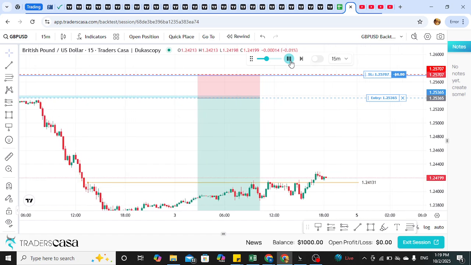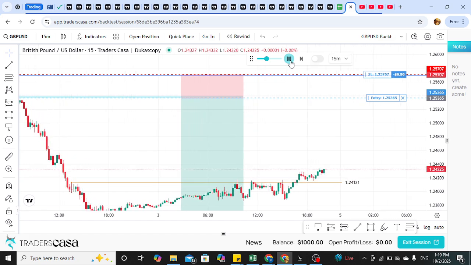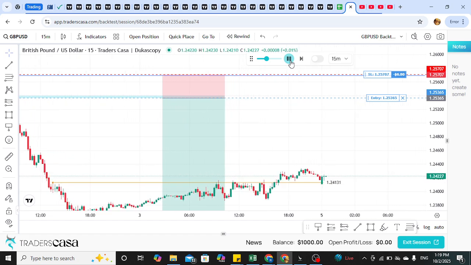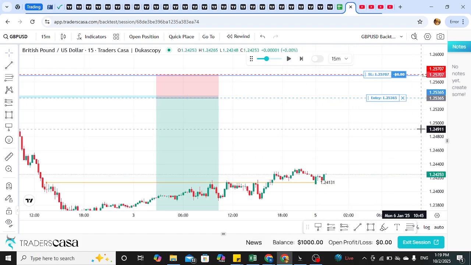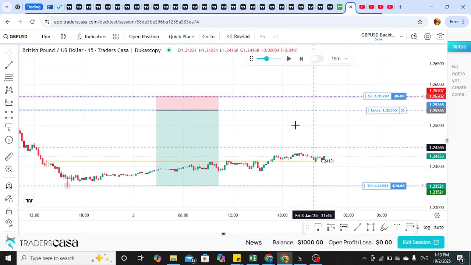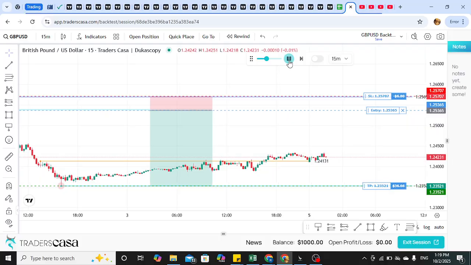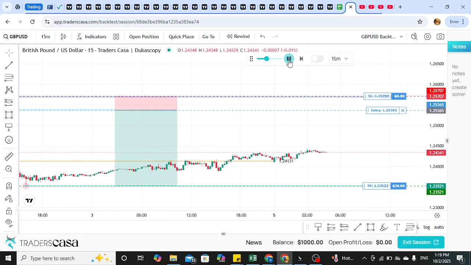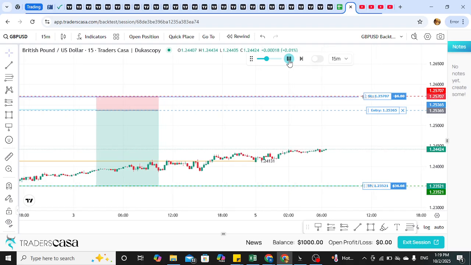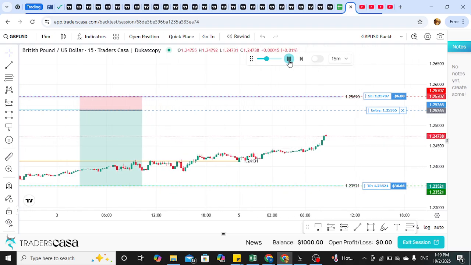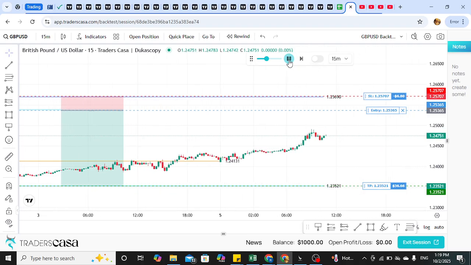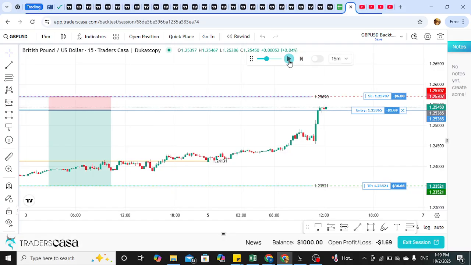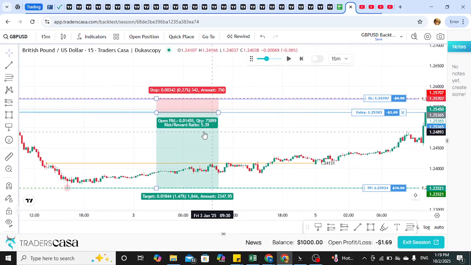Okay, it broke the inducement and it's going up, but still resisting. There is still resistance and it's still kind of ranging. It's going up. Okay, so it took the order from here.